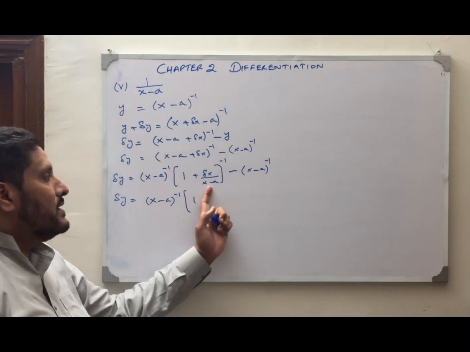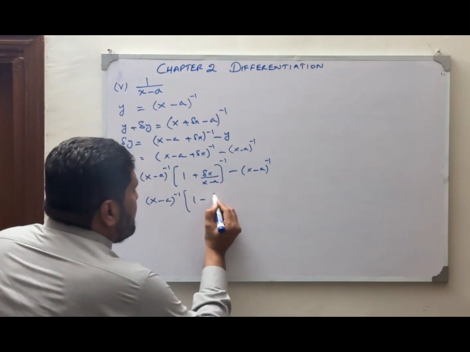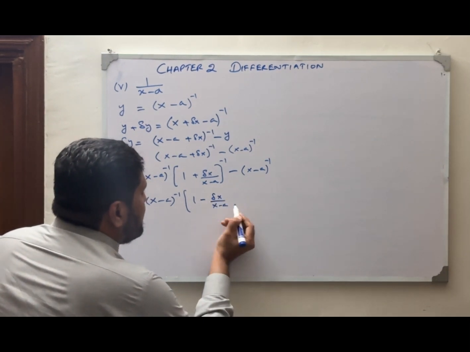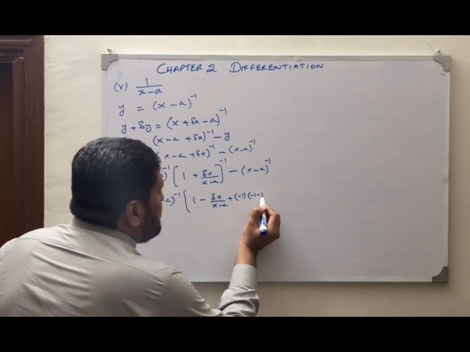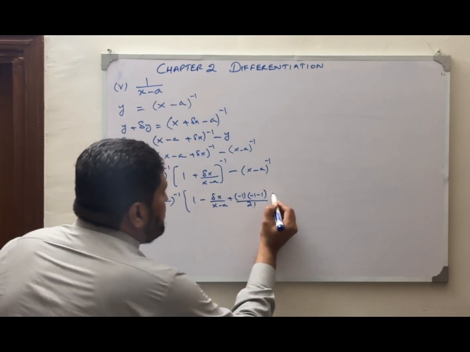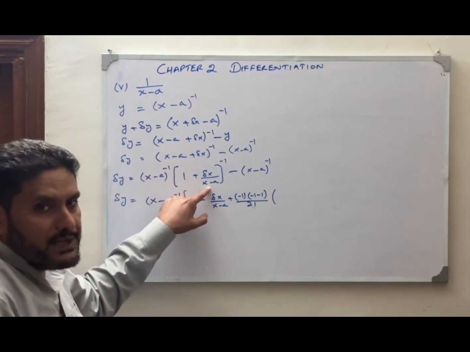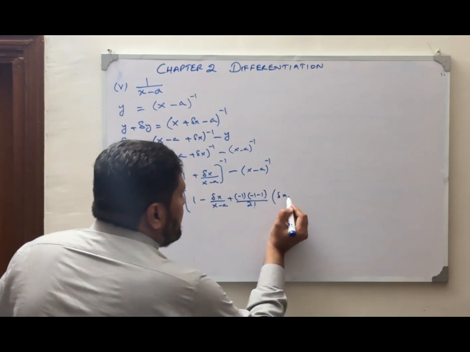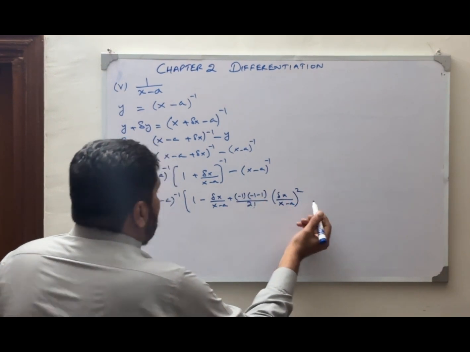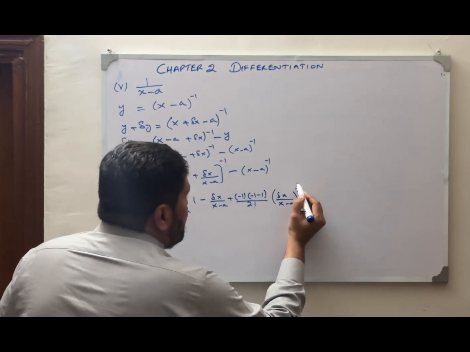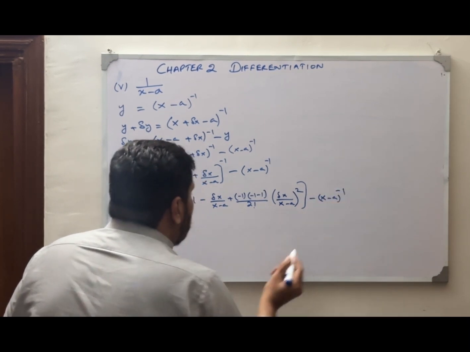So minus 1 into this term, so that will become 1 minus delta x by x minus a, then plus n into n minus 1, that is minus 1 into minus 1 minus 1, whole divided by 2 factorial, and then we have to take the square of x. Our x is delta x by x minus a. We have to take the square of this term. So that will become delta x by x minus a whole square, and we have taken the expansion for that, and then at the end we have the term minus x minus a power minus 1.